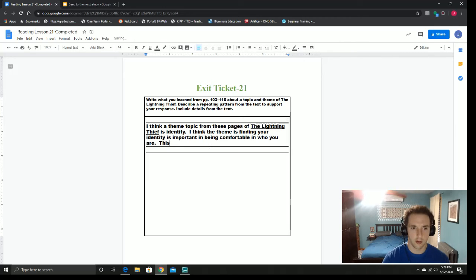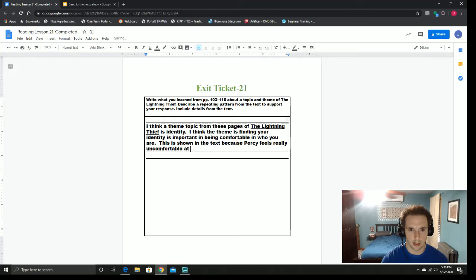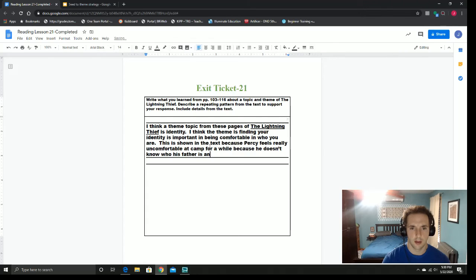This is shown in the text because Percy feels really uncomfortable at camp for a while because he doesn't know who his father is.